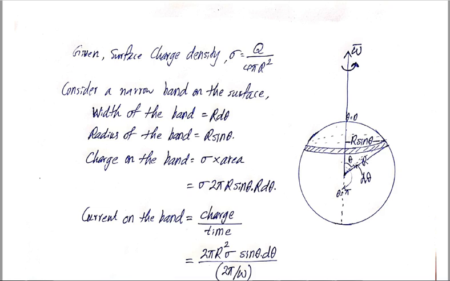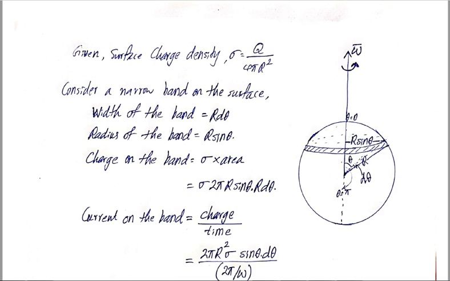Therefore, the width of the band will be r d theta, because angle is equal to arc by radius. So angle d theta is equal to arc, that is width, by radius r. Therefore, width is equal to r d theta, and the radius of this small band is r sin theta.